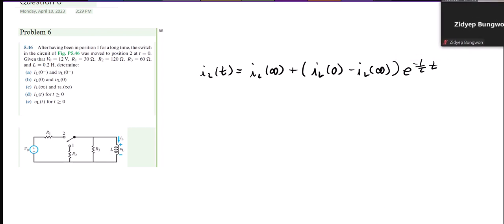And so what you would need to find is I at infinity, I at 0, and the time constant. Now in this particular problem, we also have to find some voltages just because they ask us for them.